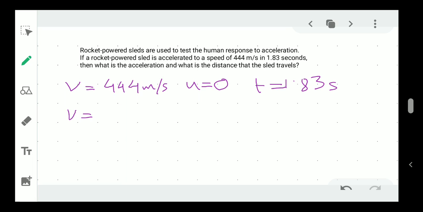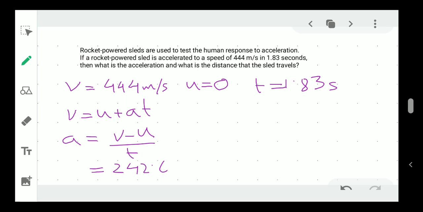So I know v equal to u plus at in this case, because it's not free falling. From here, using all the values, I can easily find a equal to v minus u by t. If I put the values, that is 444 by 1.83, then I will get the result 242.62, and I am taking the significant figures up to 2 digits.